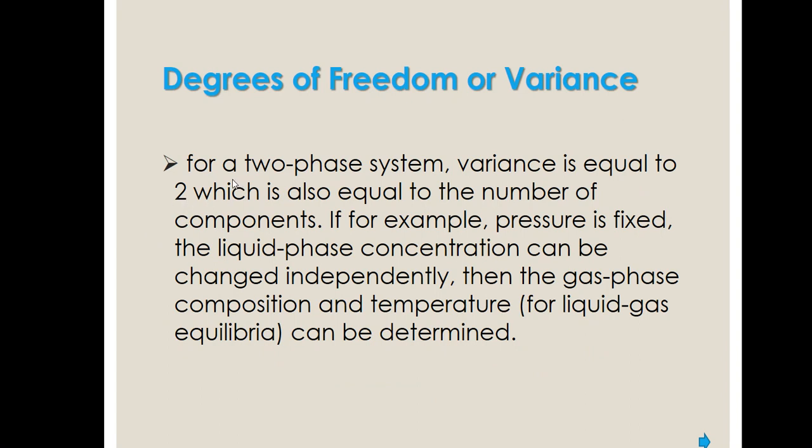Now for an example, for a two-phase system, variance is equal to 2, which is also equal to the number of components of that particular two-phase system. In our case, it would always be like this. We limit our system to be a two-phase system having 2 components. If, for example, we fix pressure, the liquid phase concentration can be changed independently. Then the gas phase composition and temperature for a liquid-gas equilibria can be determined.